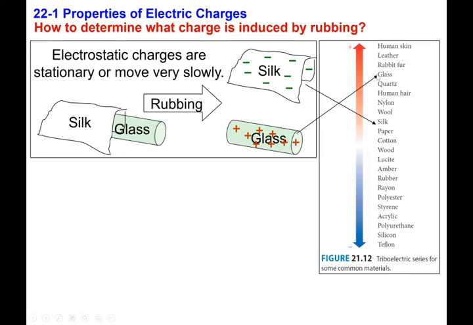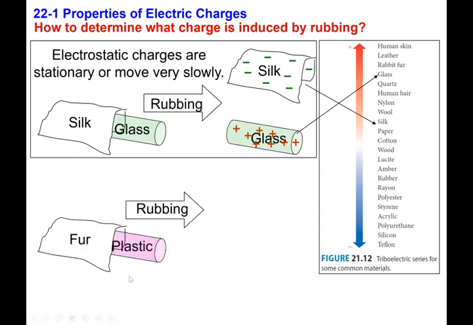Usually the material that is closer to the top of the diagram will acquire a positive charge, and the material that is at the other end of the diagram will acquire negative charge. So if you rub glass and silk, glass will have a net positive charge, and the silk will have a net negative charge on it. Let's take another example. Let's assume we rub fur and plastic. Fur is, let's assume, made of wool. So this is wool here, and the plastic can be rubber or polyester, so it's here.